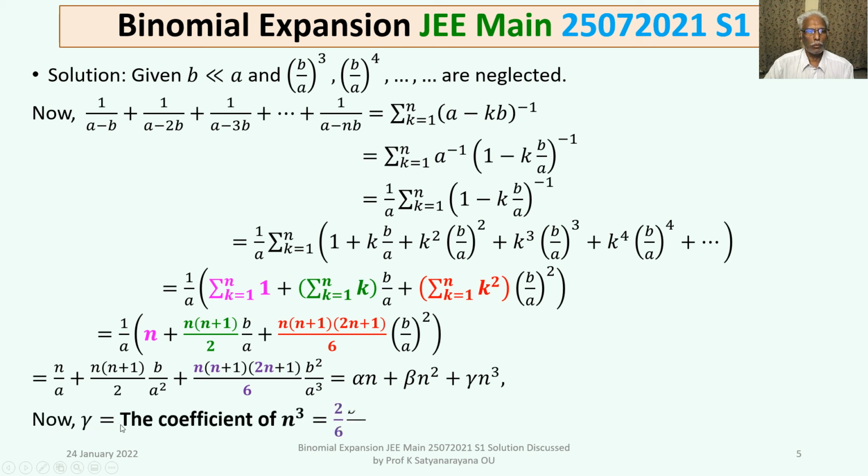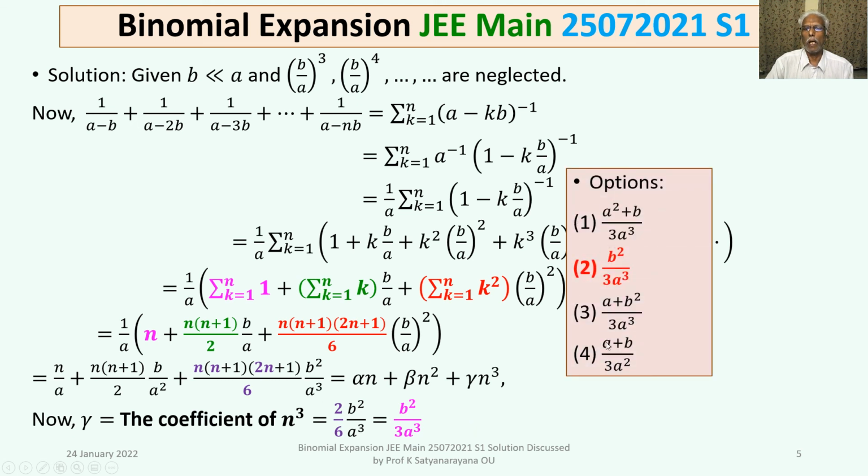Now gamma is equal to the coefficient of n cube, that is 2 by 6 into b square by a cube. And 2 by 6 is 1 by 3, so gamma is b square by 3a cube.